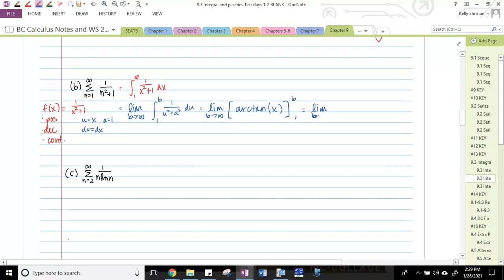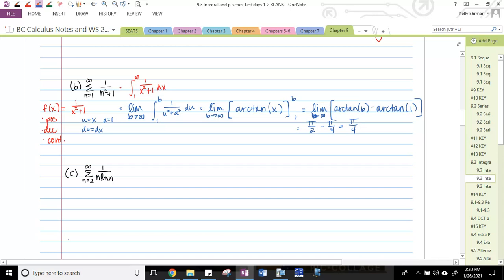Limit as b approaches infinity of the arctangent of b minus the arctangent of 1. Drop limit notation, plug in infinity. The arctangent of infinity, we've had this a few times now, is pi over 2 minus arctangent of 1, pi over 4.